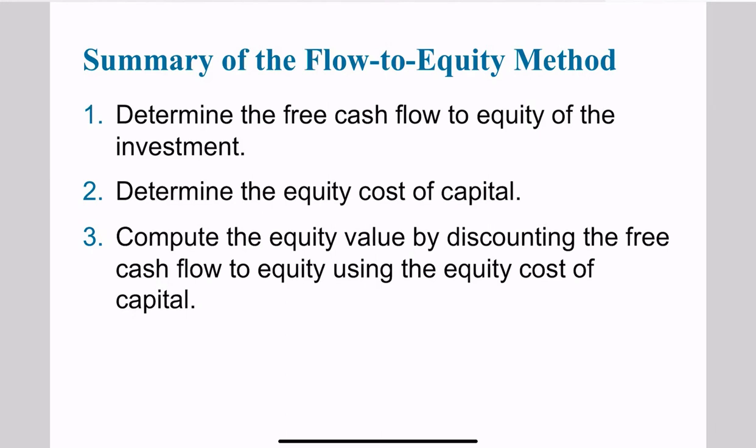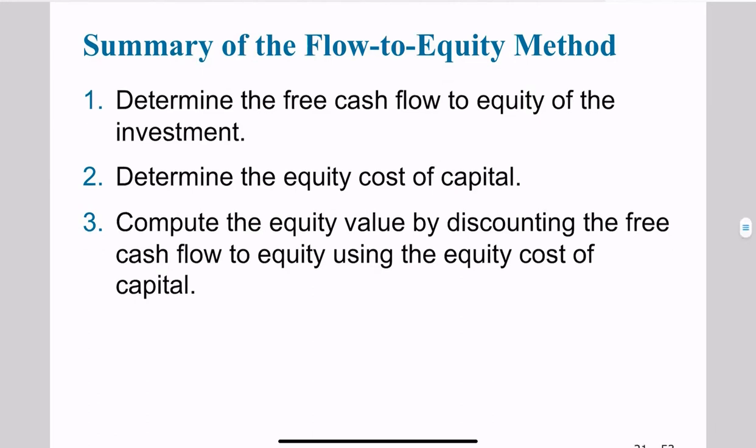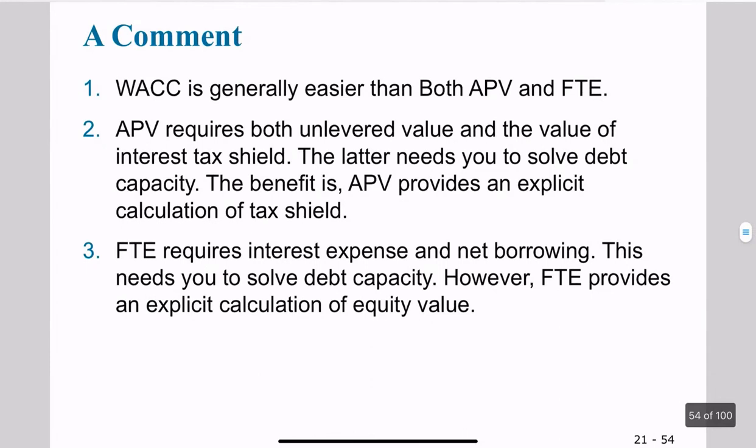And this will directly give you the net present value of the project. So we have basically talked about these three methods. And you can see that the easiest one, if your sole purpose is to find out the present value of the project, is that WACC is generally the easiest one.